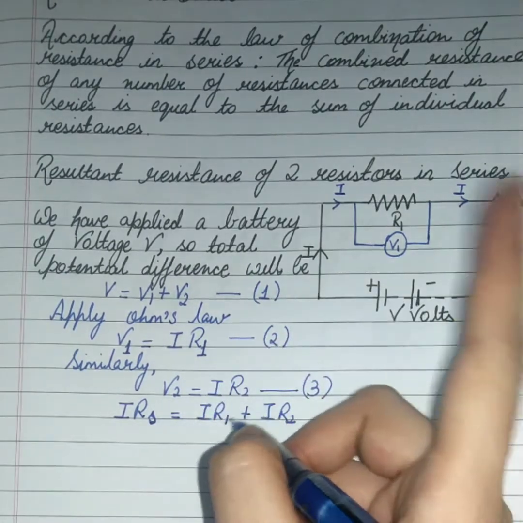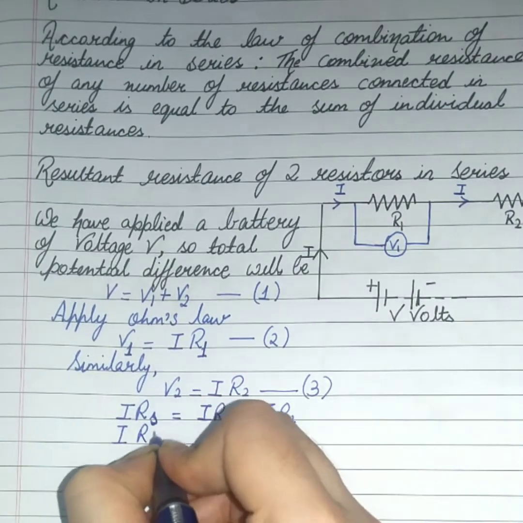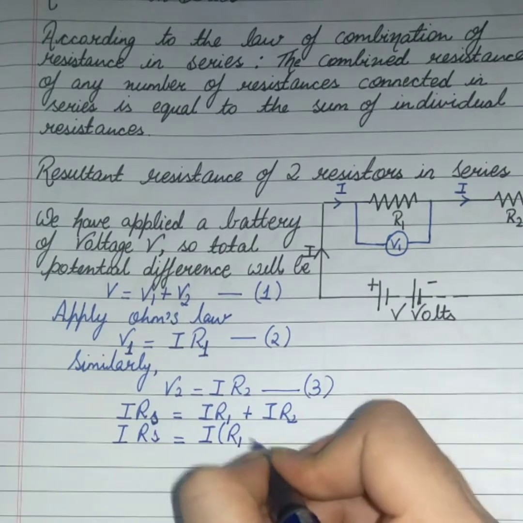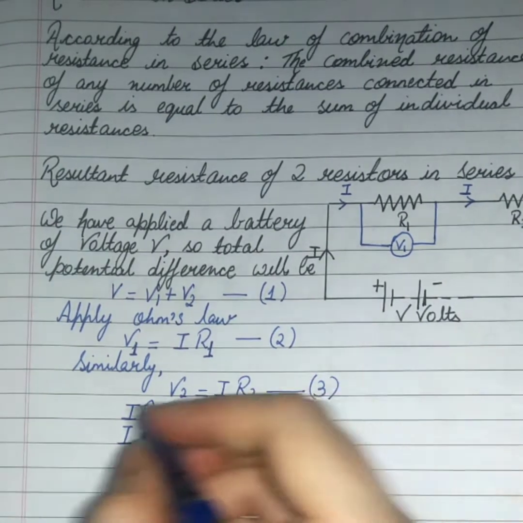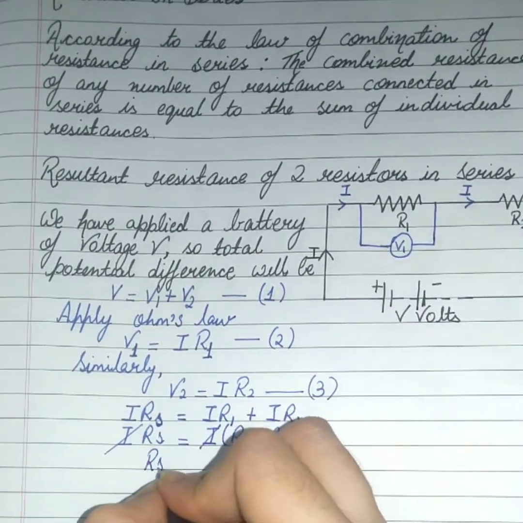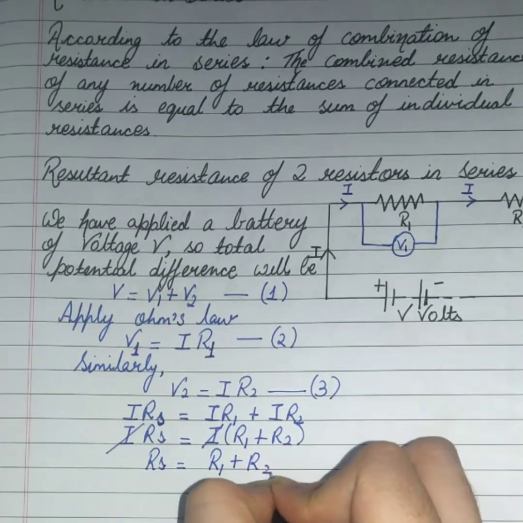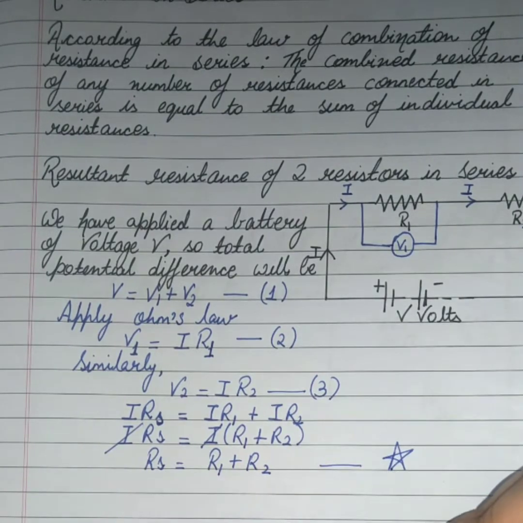I am taking out the combined resistance in series. So if we solve it further, we take this I as common, and what is left behind is I times R1 plus R2. Simply we will cancel the I on both sides, and the resultant resistance in series would be R1 plus R2. This is the required derivation for the resultant resistance in series.